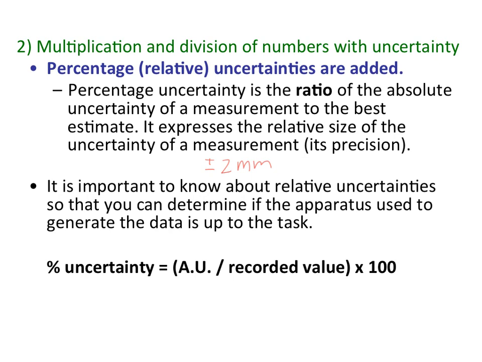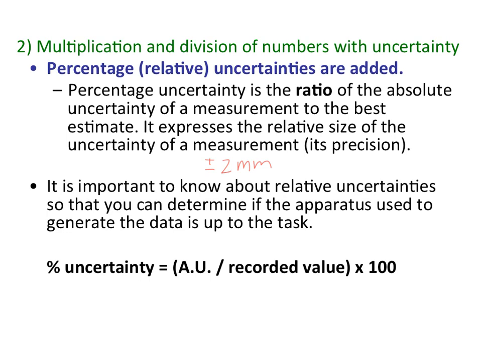On the other hand, if you were measuring the width of one human hair, and you got a number that was plus or minus 2 millimeters, that is awful. That is a huge percent error. You definitely used the wrong type of equipment to get that measurement because the error is so large. So looking at this as a percent can help you figure out whether or not you're using the right equipment.